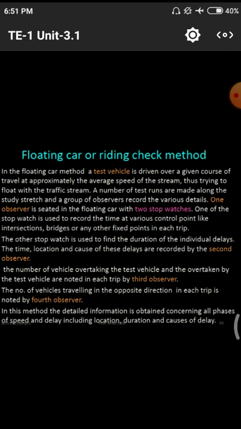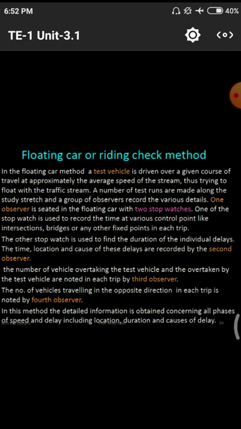Of the remaining 3 persons, one is allocated for checking the speed study, another for checking the delay study, and the third to check how many vehicles are crossing and how many vehicles we are having delay. That means how many vehicles are crossing, how many are overtaking. All those things are measured by these 3 persons. One is for driving, another for speed calculation, another for delay calculations, and another for calculating how many vehicles are moving and how many vehicles are crossing.